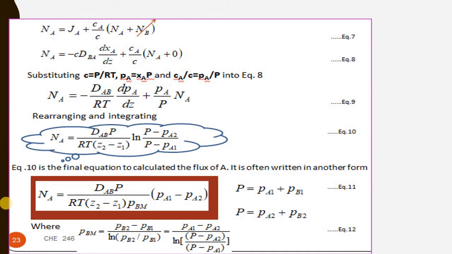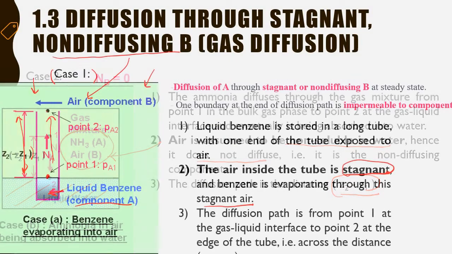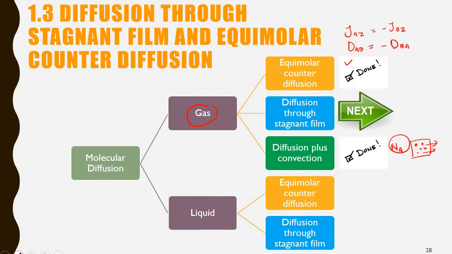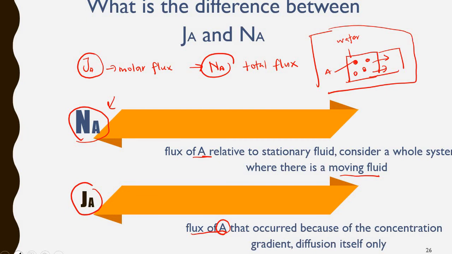For diffusion through stagnant non-diffusing B, we will begin the derivation with the previous equation. I think you still remember this. The flux of A is equal to JA plus CA over C times NA plus NB. This is from the previous convective equation.